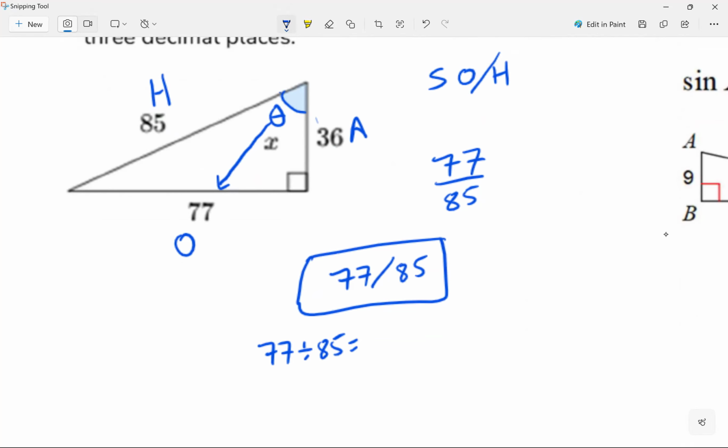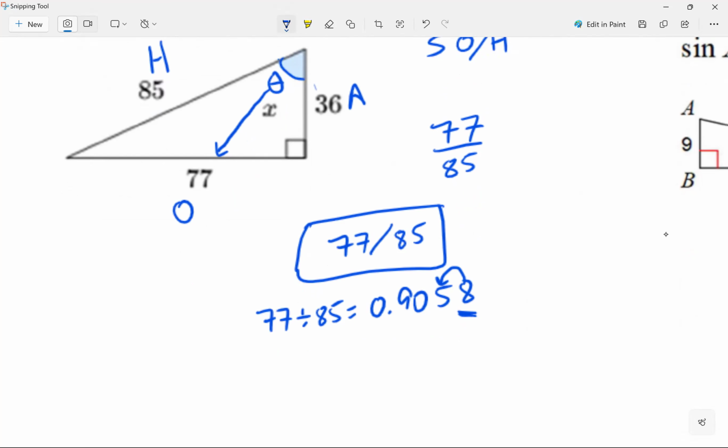According to my calculator, 77 divided by 85 is 0.9058 and some more other numbers. My fourth number is big enough if it's 5 or more, so the 8 will push the previous number up. So my answer will be 0.906. So as a fraction, make sure it's simplified. As a decimal, make sure it's to the third decimal place.